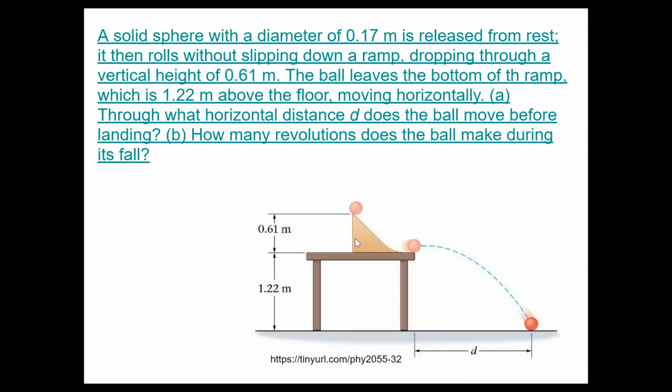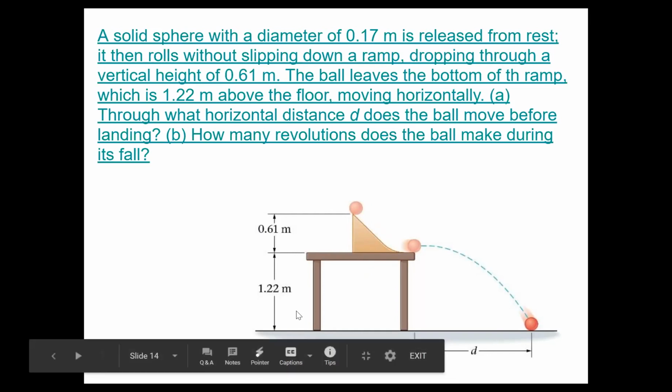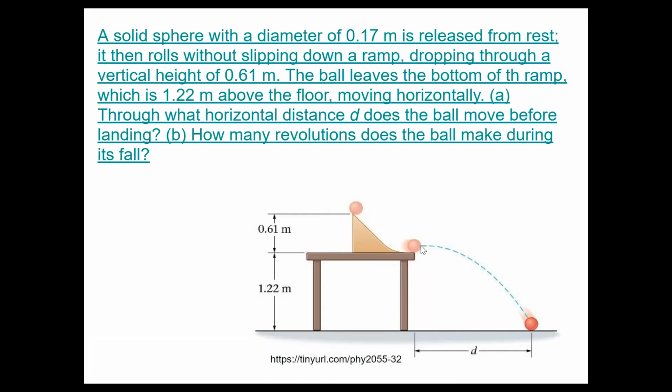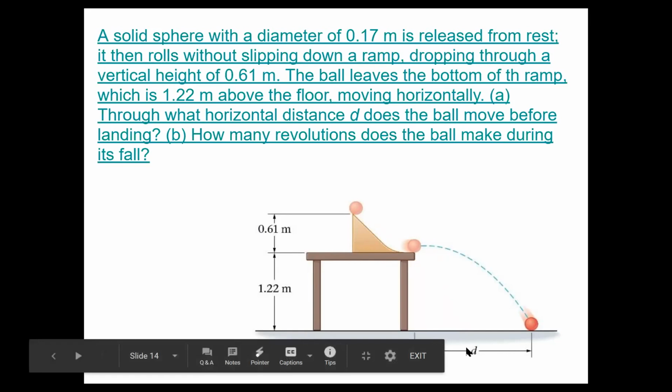Dropping through a vertical height of 0.61 meters, the ball leaves the bottom of the ramp, which is 1.22 meters above the floor, moving horizontally. Through what horizontal distance d does the ball move before landing? So we are looking for this horizontal distance d.